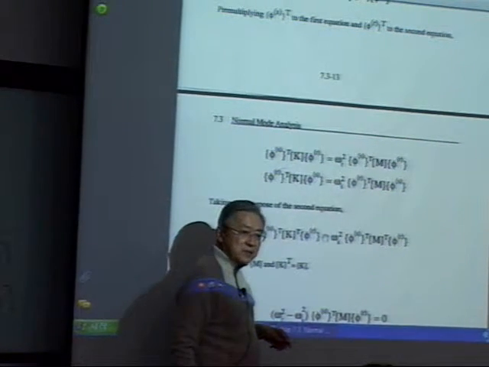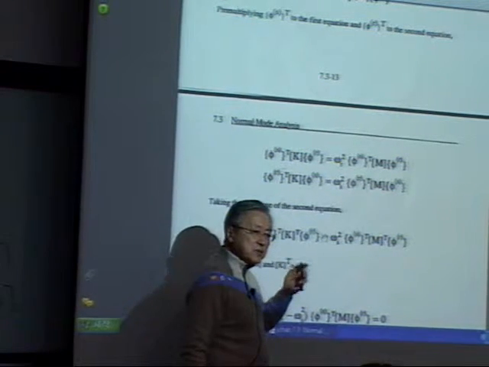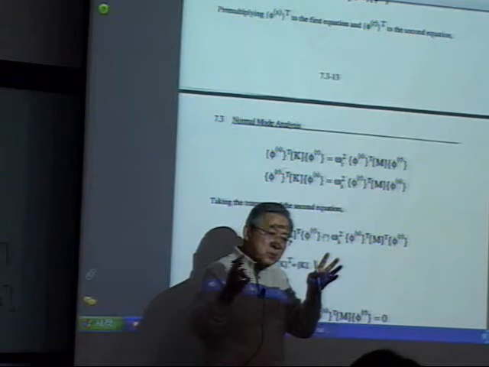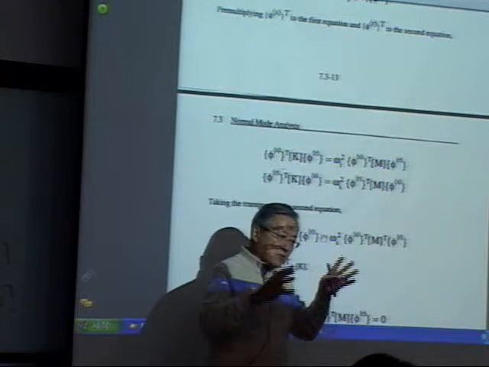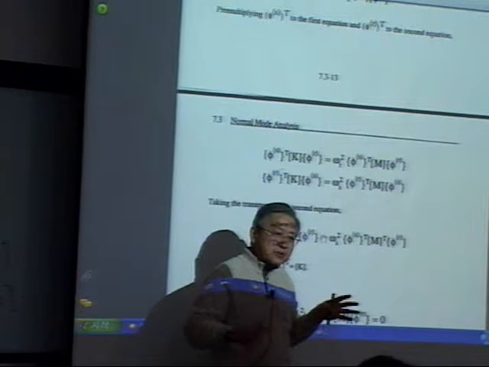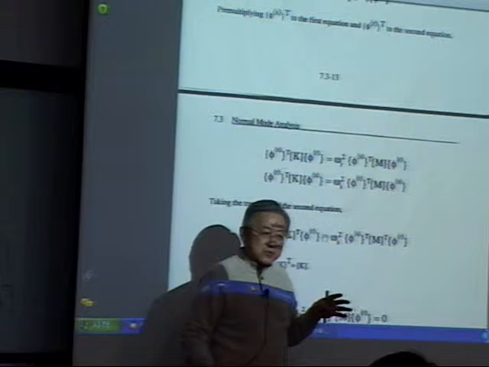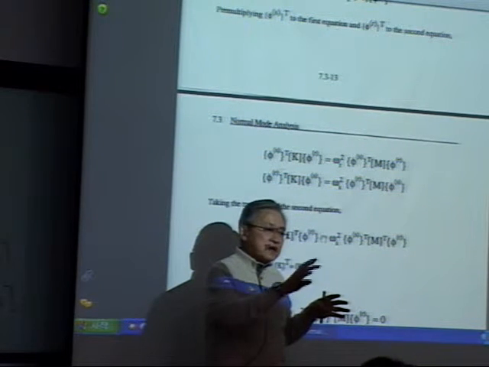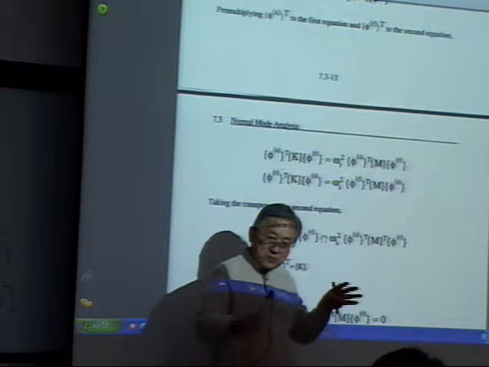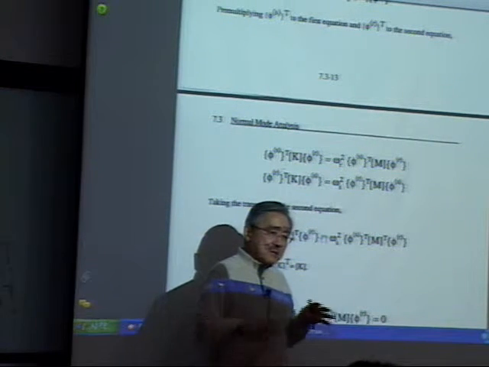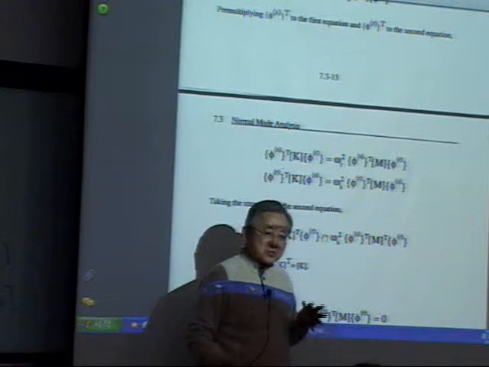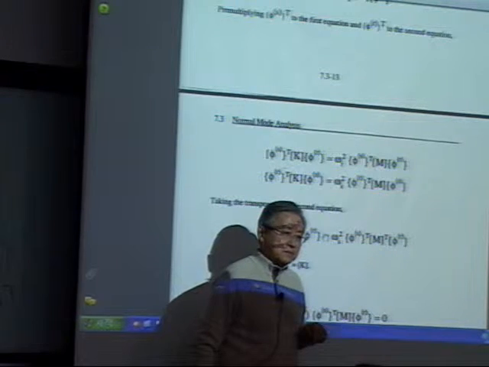In structural dynamics problems, it has to be always a symmetric matrix. But when you apply fluid to the structural system, that generates a non-symmetric matrix, which has a fluid part and a structure part. But when you have a non-symmetric matrix, by matrix manipulation, you can also have symmetric expressions.